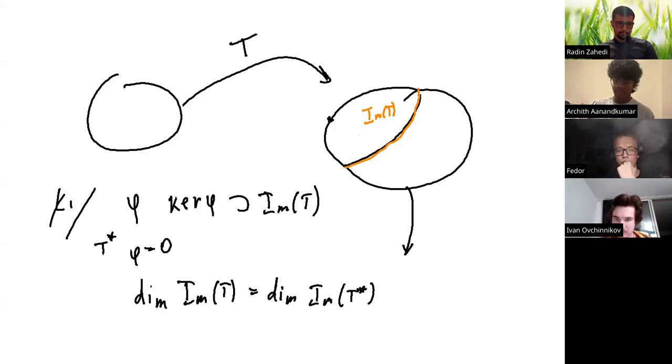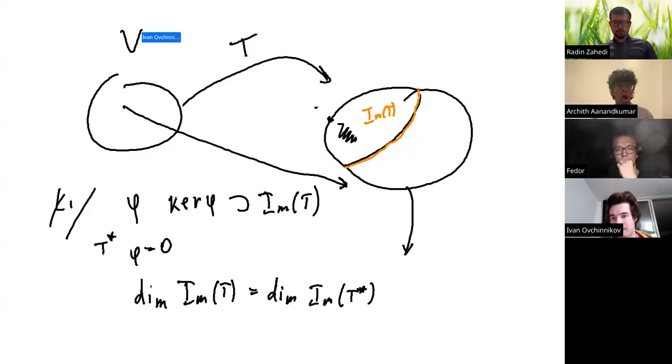Okay? The image of T star is things that are non-zero over here that get sent to something non-zero starting at V. And it turns out that this happens in a one-to-one way if you look at it more carefully. This is the big thing that we proved.